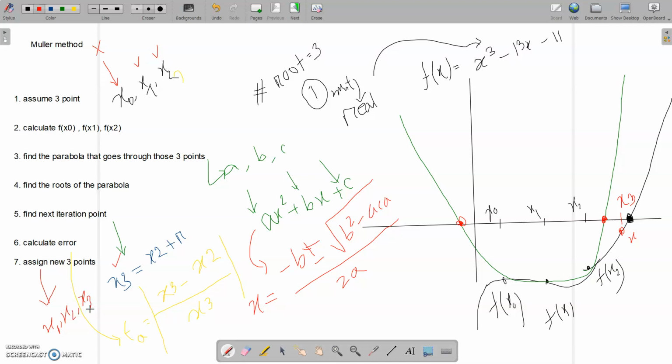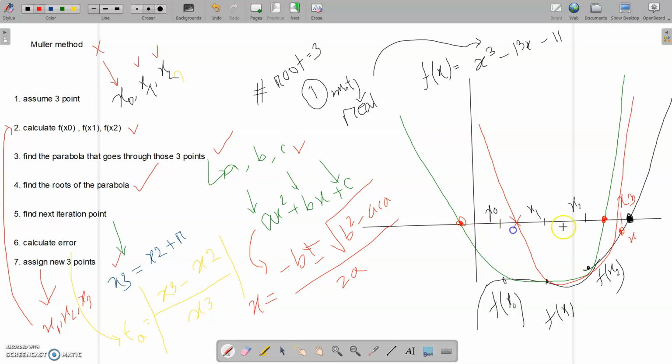After finding these new 3 points, I'm going to go back and start from step 2 again. I'm going to go to the next iteration. I'm going to calculate f of x1, f of x2, and f of x3. Then I'm going to find the new parabola that goes through these 3 points. That means I am going to find this new a, b, c. Then I'm going to find the roots of the parabola.